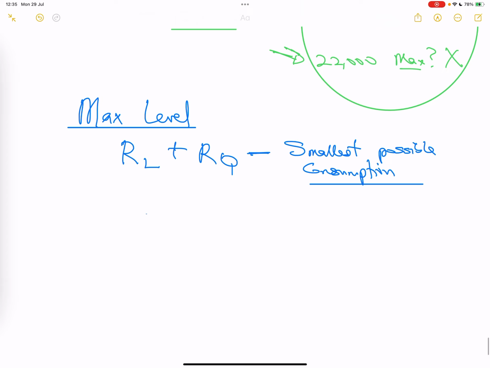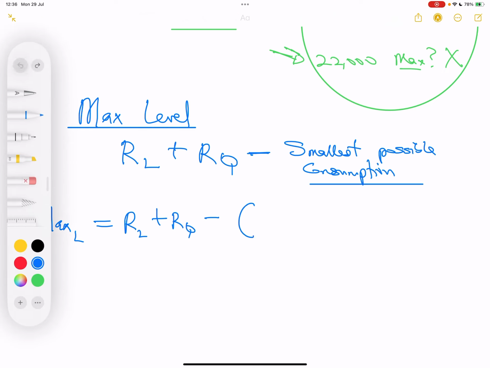And that is why in a full formula, your max level is equal to your reorder level plus your reorder quantity minus, open a bracket, your minimum lead time multiplied by minimum consumption.